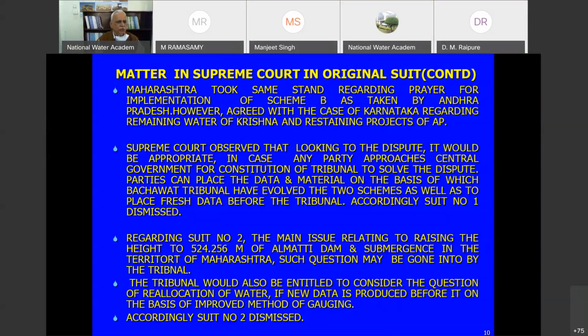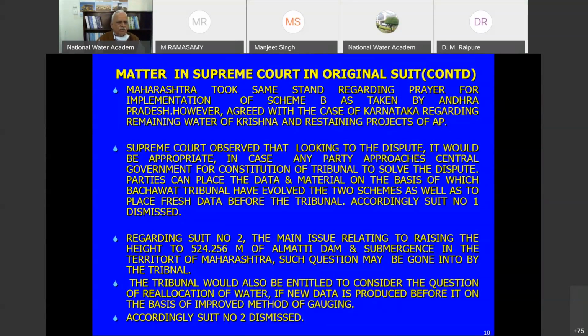Regarding suit number 2, the court has observed that Andhra Pradesh has prayed for several reliefs, but the main reliefs were related to the Almatti Dam. The raising of the height proposed by Karnataka to 524.256 meter was one issue from Andhra Pradesh side, and the submergence of its territory due to Almatti.